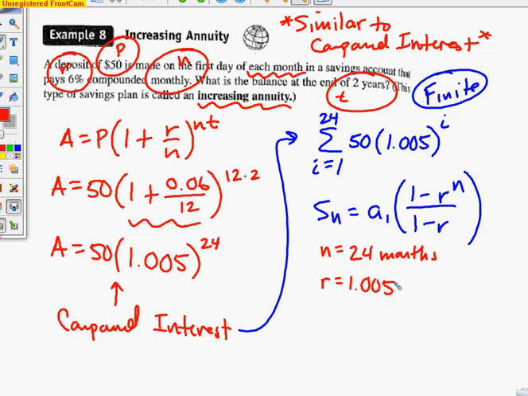And then A sub 1 is how much you start with in the first month. So in the first month, you put the 50 away, but then you get the interest accrued. So plug 1 in for I. So that's going to be 50 times 1.005. That's $50.25.